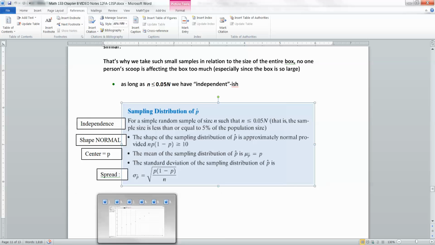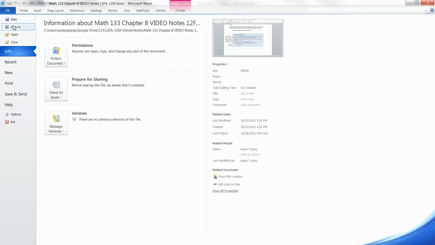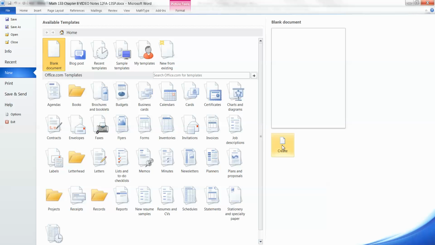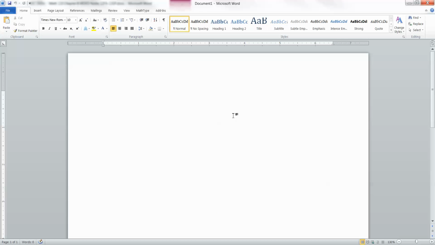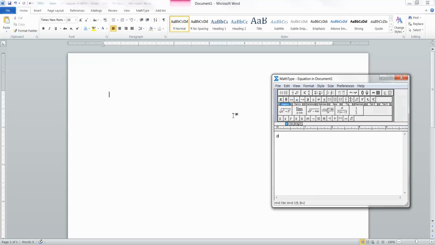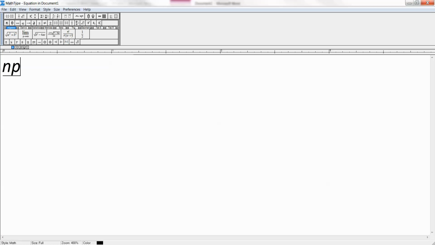Let me grab a fresh worksheet. Okay, so we need n times p times 1 minus p to be greater than or equal to 10. We're looking for n.